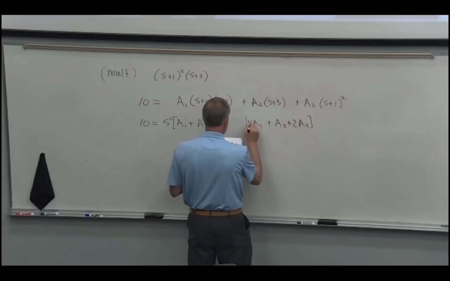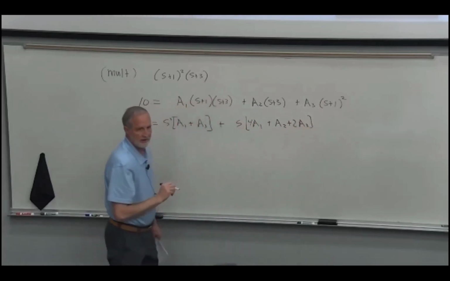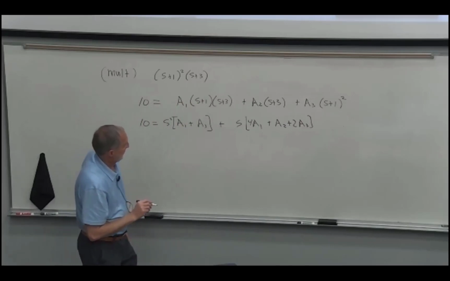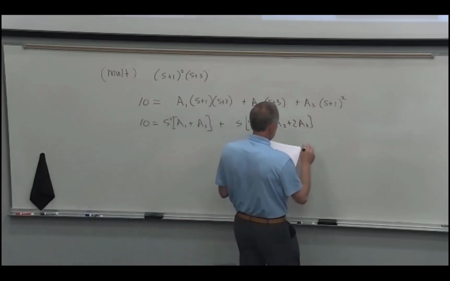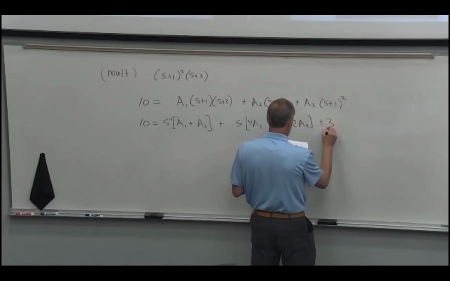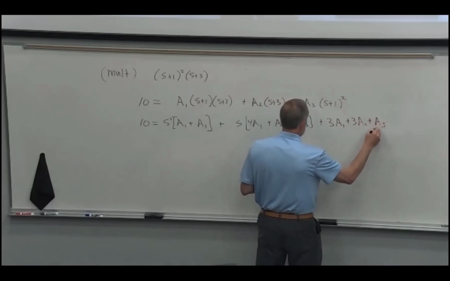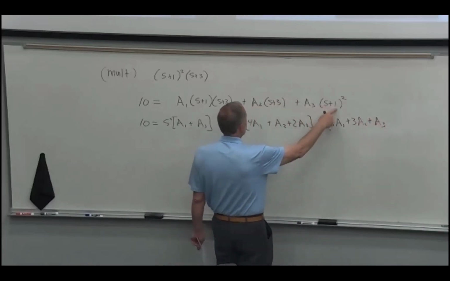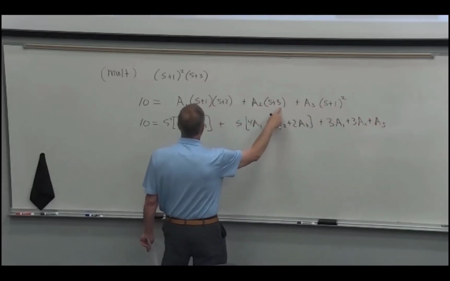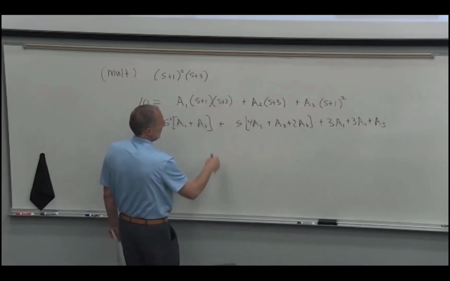So when you do all that algebra, you end up with that multiplies s. You're going, this is a lot of work. Yeah, it is. And then we get a bunch of constant terms that come from A3 times 1, and A2 times 3, and A1 times 1 times 3.